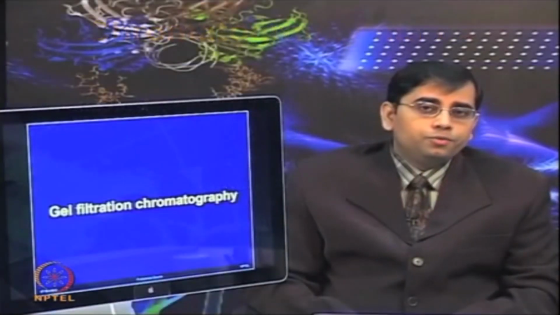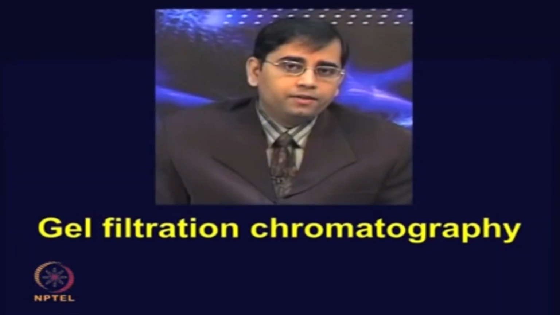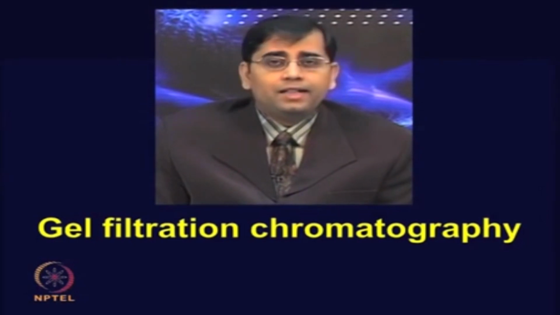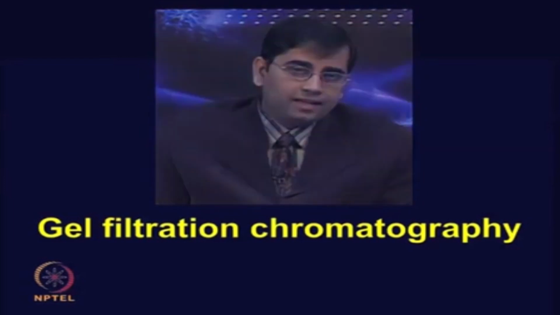So, let us move on to more specific chromatography techniques such as gel filtration chromatography. Gel filtration chromatography separates proteins on the basis of difference in size. It is used to separate a protein of interest from a protein mixture that are larger or smaller in size.